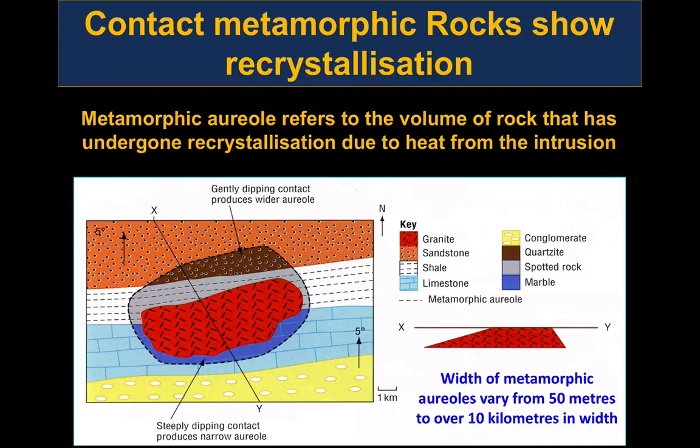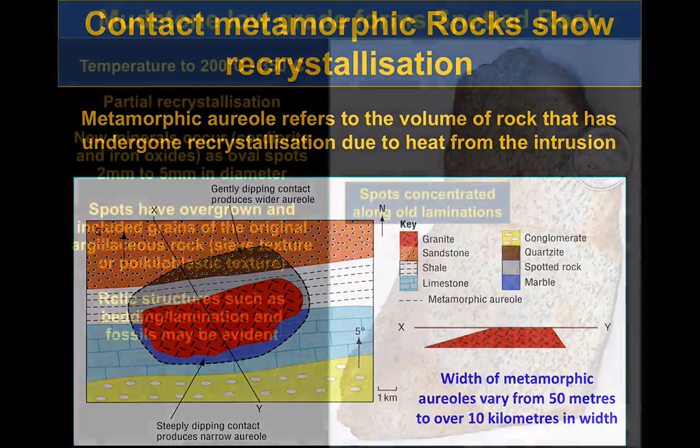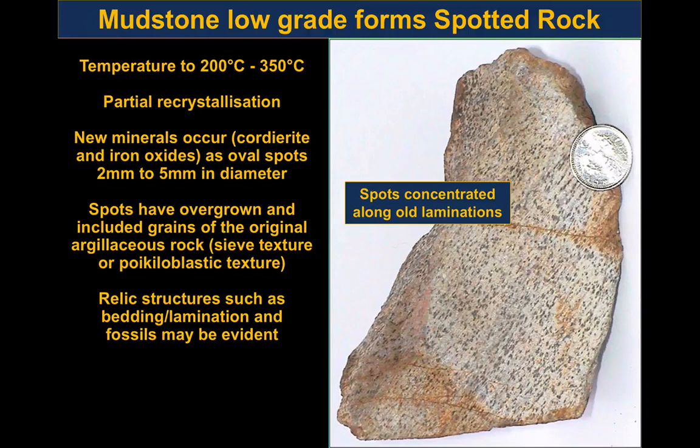Contact metamorphism also shows recrystallization of rocks, but what we don't see here is the foliation. These rocks tend to form at much lower pressures, so we don't get an alignment of the minerals. We can get this spotted rock where we get new minerals starting to grow within a metamorphic rock.